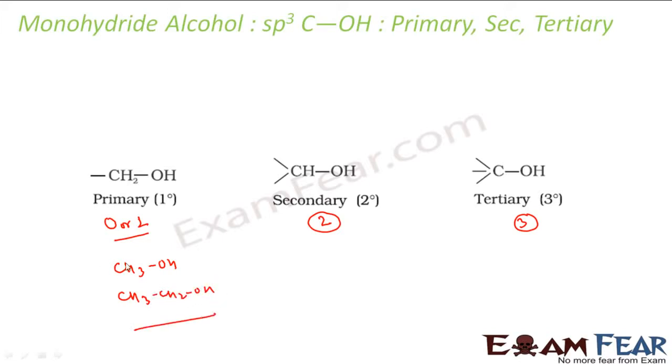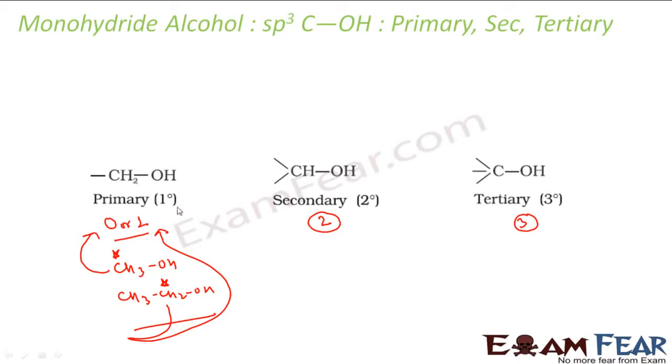In the first case, this carbon is attached to 0 other carbon. In the second case, this carbon is attached to 1 other carbon. This is my star carbon. Always, the star carbon is nothing but the carbon to which the OH group is attached.